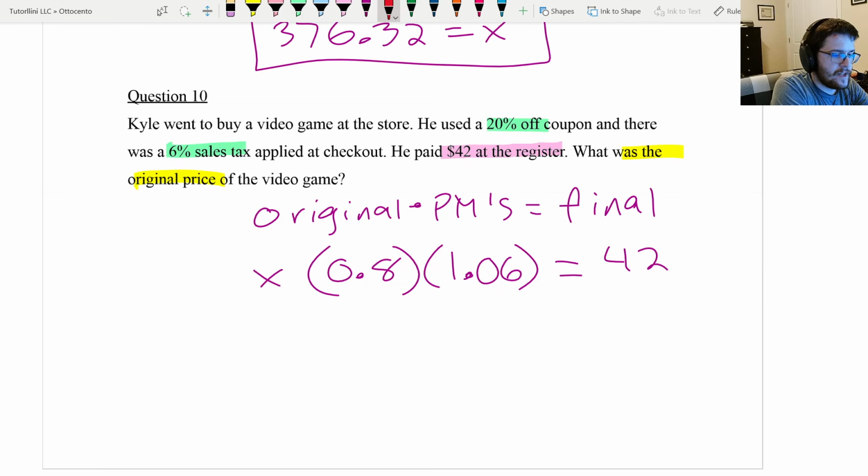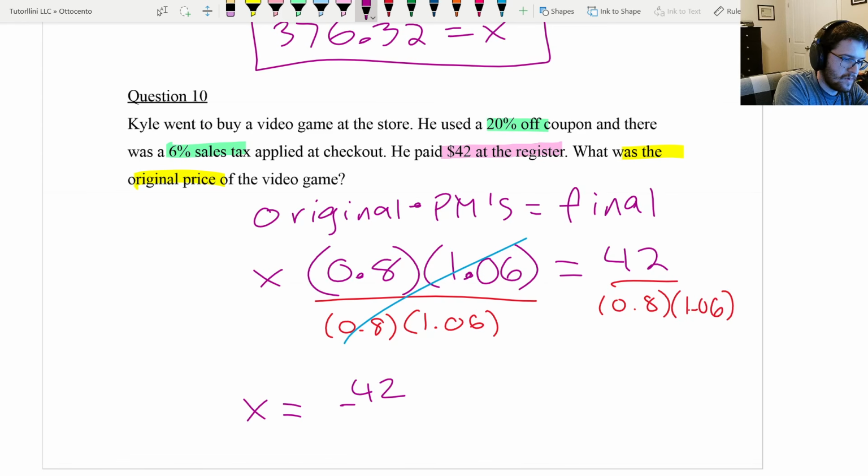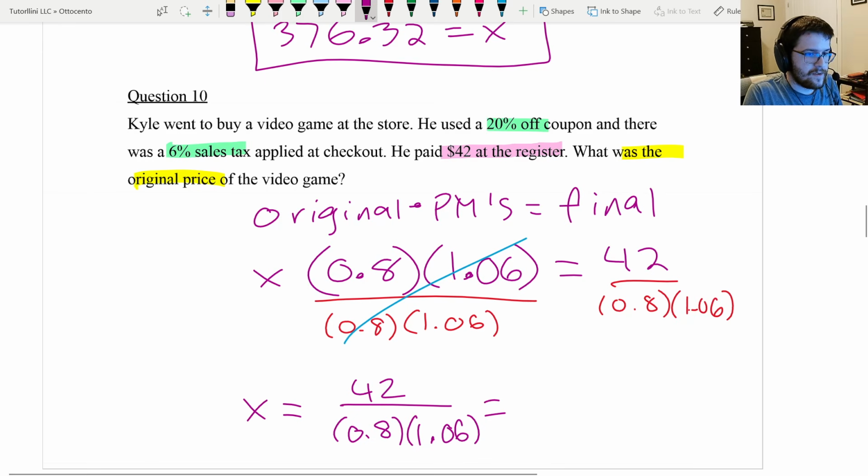Okay, and now we're going to divide both sides by 0.8 times 1.06. And this whole guy goes away. And we get x equals 42 divided by 0.8 times 1.06. And let's see what we get.